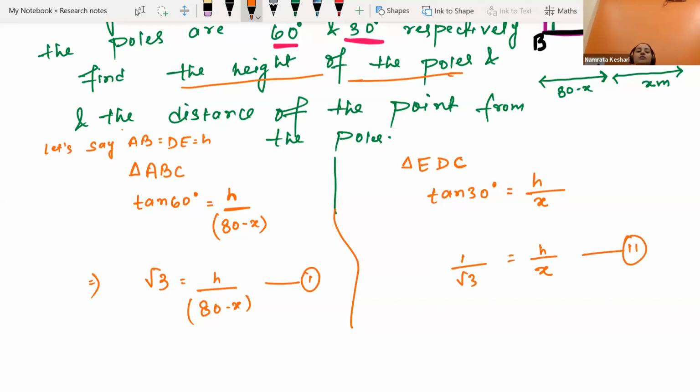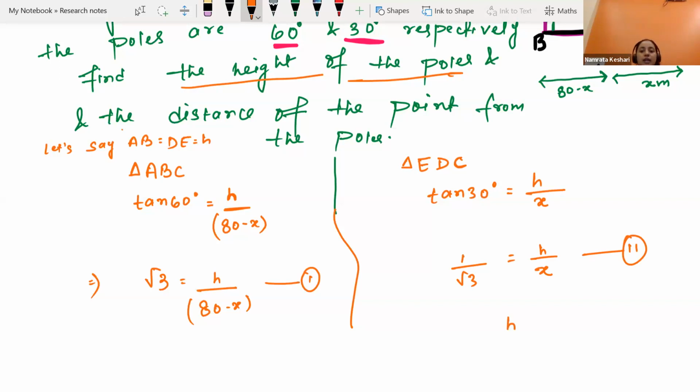Now, in the chapter on pair of linear equations in two variables, you have done very well, and from there you understand how to find the H value and X value if you have this type of condition. By using the method of substitution, we can find H and X. So we will take out H from any one of the equations and substitute it in the other equation.